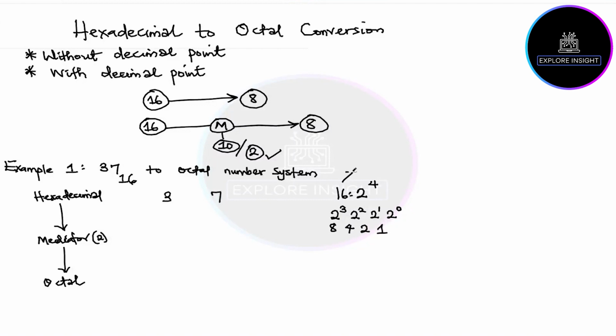Remember, in hexadecimal, the value ranges from 0 to 15. So if we sum this up, it is going to give us 15. We are going to use this for our conversion, and this will help us in converting faster. What do I mean? I'll simply put 8421.